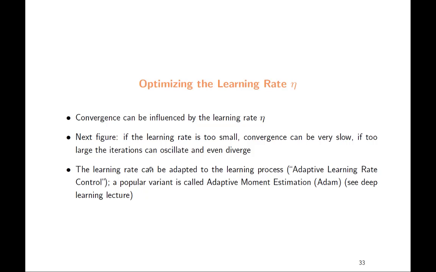Fortunately, there are nowadays procedures where this eta is tuned automatically, so you don't have to do it by trial and error. One which seems to be very popular these days is called ADAM. If you look at deep learning books or literature, you often find it. It stands for adaptive moment estimation.